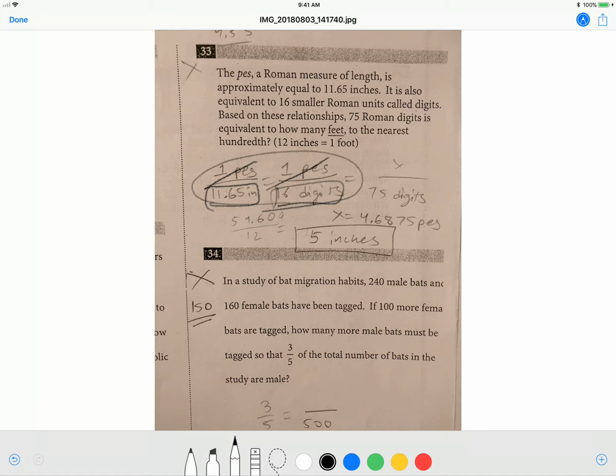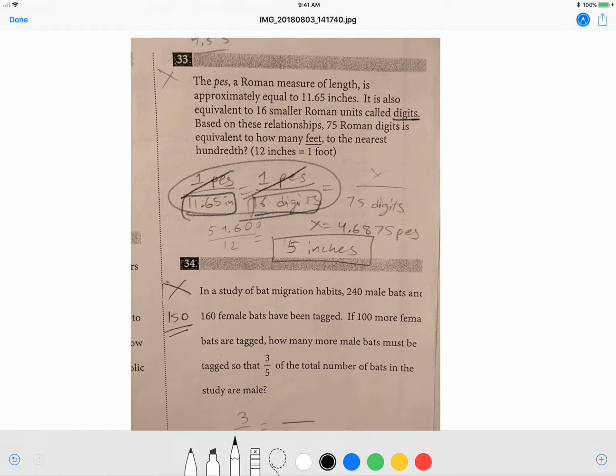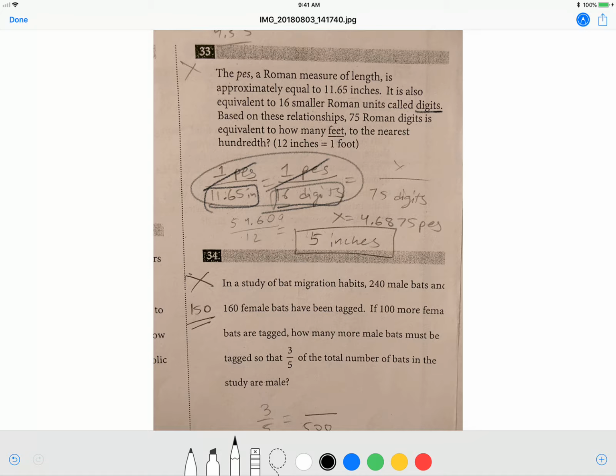Based on these relationships, 75 Roman digits. So what you should actually do is take the ratio to be 11.65 over 16 is equal to, I'm just going to overwrite this, x over 75.